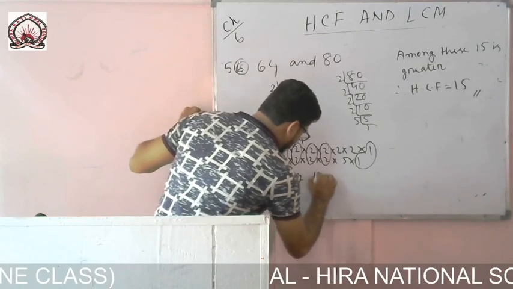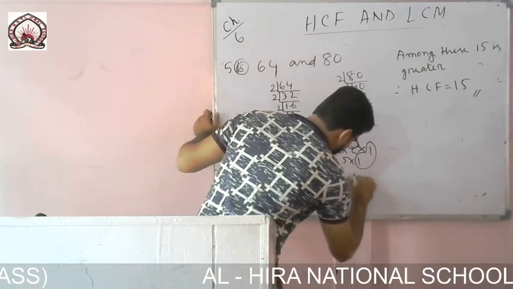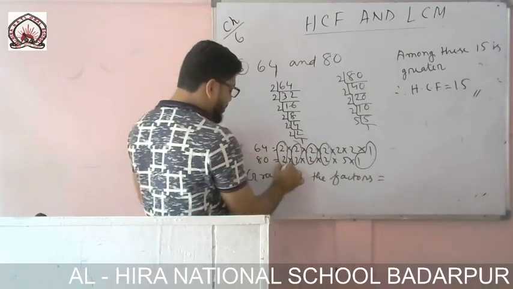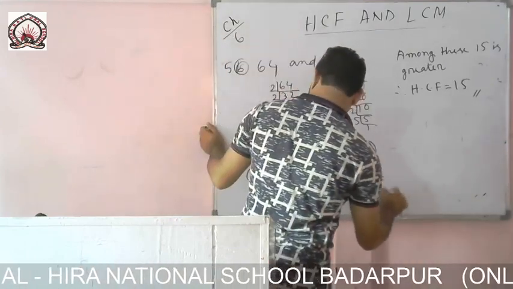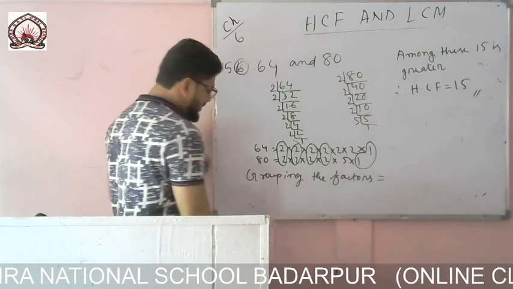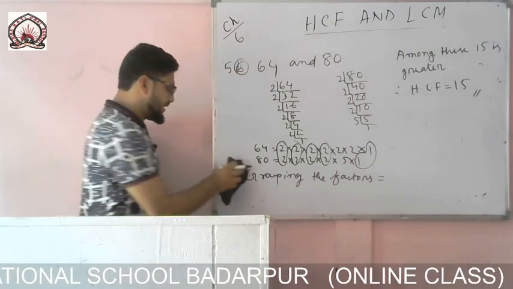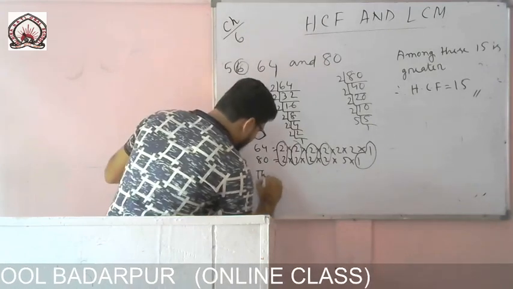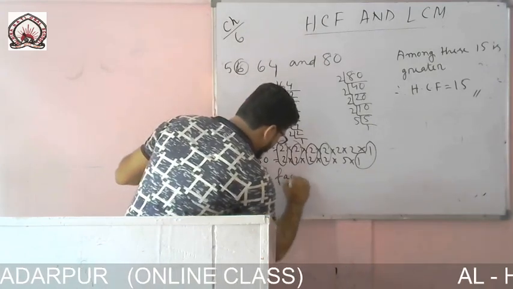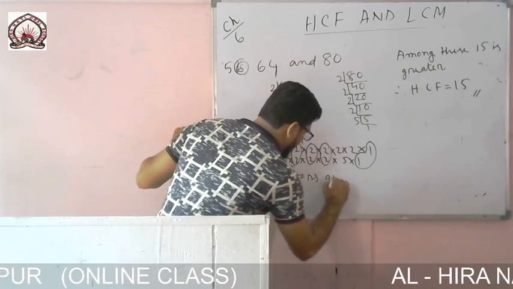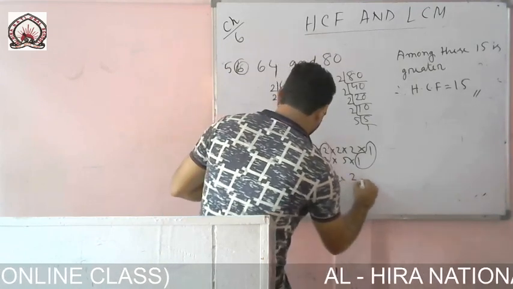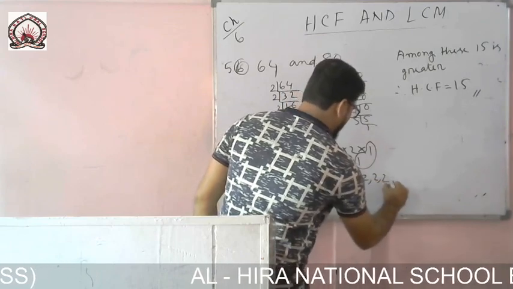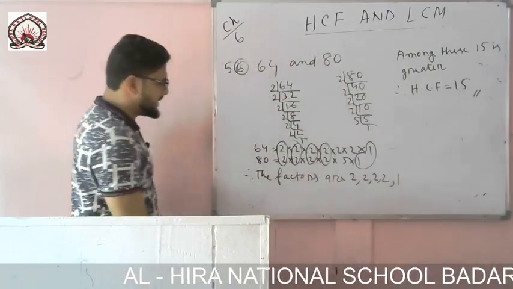Now grouping the factors. Therefore the factors are 2, 2, 2, 2, 1: four 2s and 1.